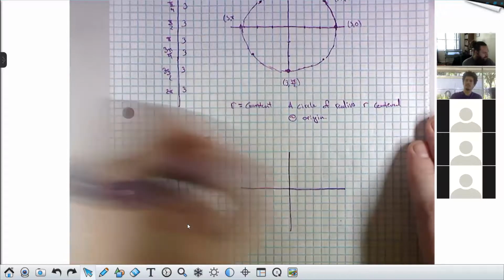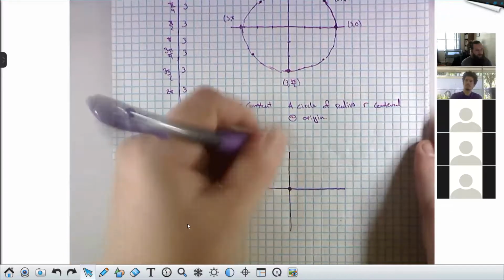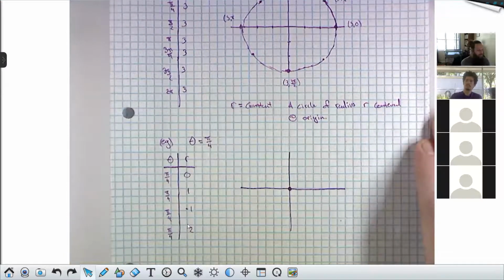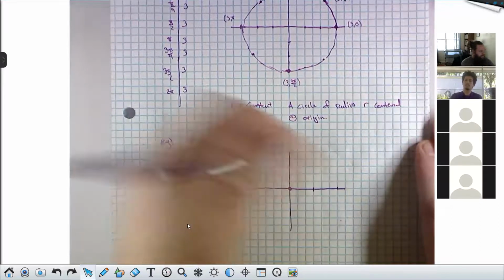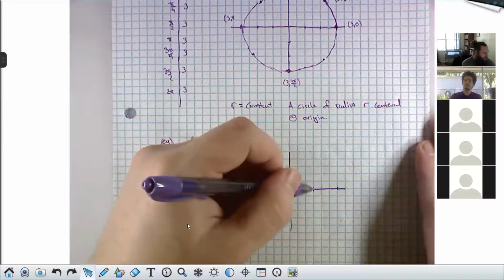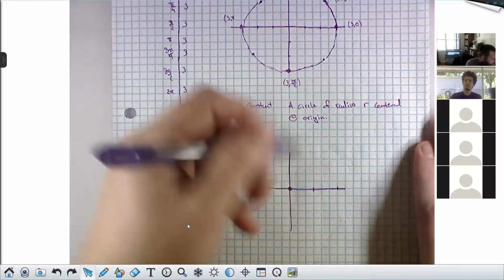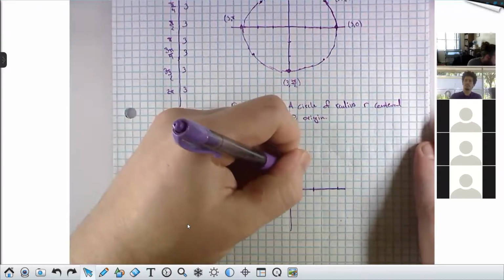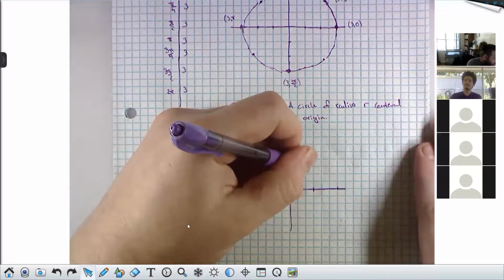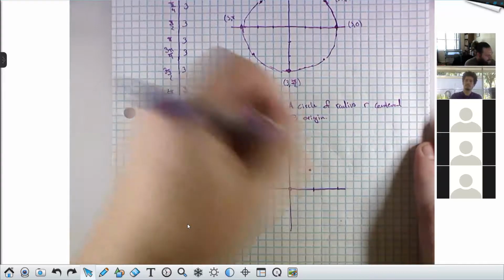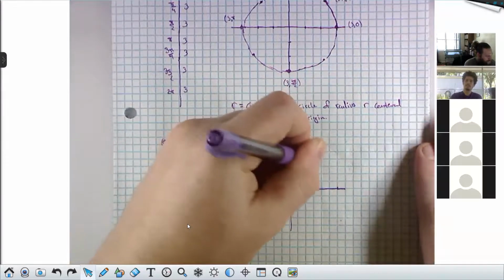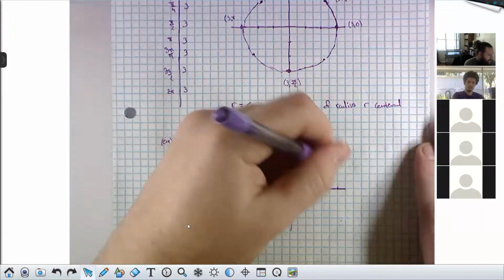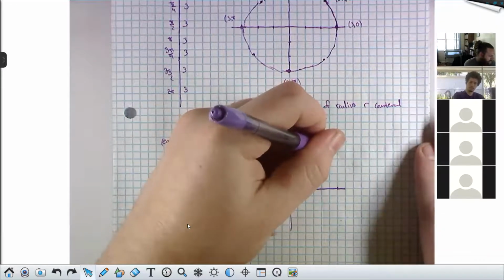So here's the point 0, pi over 4. I mark this as like 1, mark this as like 2. The point 1, pi over 4 would be right about here. 2, pi over 4 would be right about here.